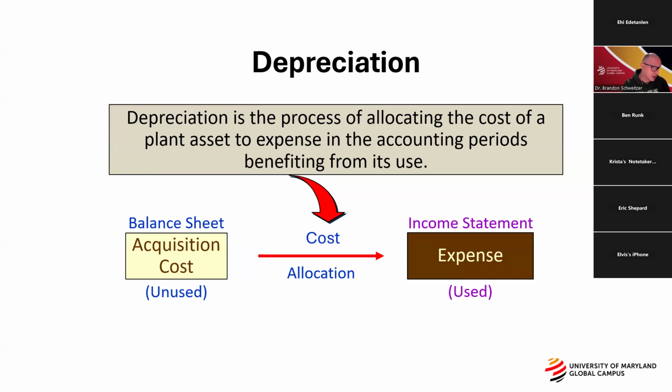Accumulated depreciation is a contra account under the assets, under the fixed assets. It holds a negative balance under fixed assets. The idea here is that we are accumulating the depreciation without taking away the value of the asset.